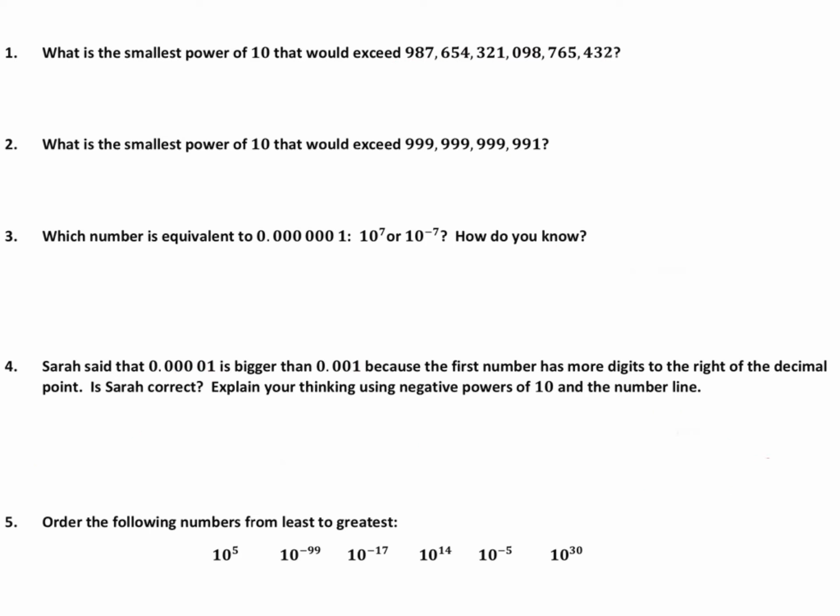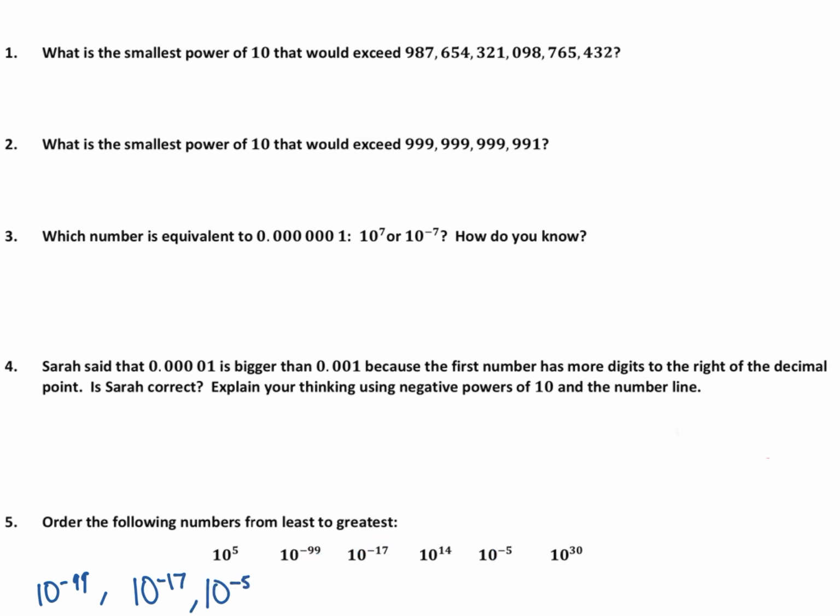So if we use that same thinking, the farther into the negative, the smaller it gets, well, let's look for the one that's farthest in the negative. We have negative 5, negative 17, or negative 99. Well, negative 99 is the farthest into the negatives. Then we would have negative 17, and then negative 5.